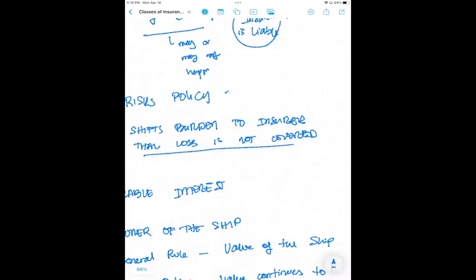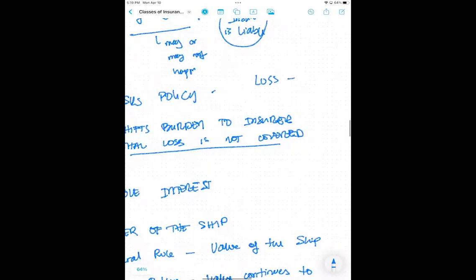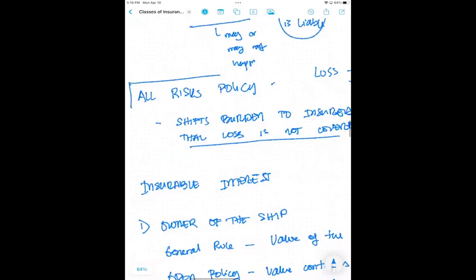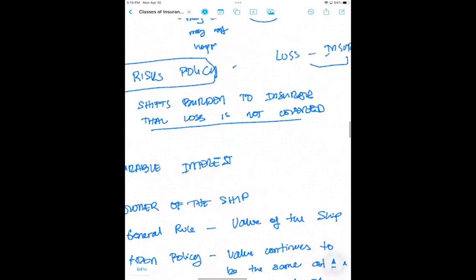It is important because whenever there is a loss, di ba? So whenever there is a loss, it is the insured that has the burden of proof that the loss is covered by the policy. But in case there is an all-risk policy in the marine insurance policy, then it does not.